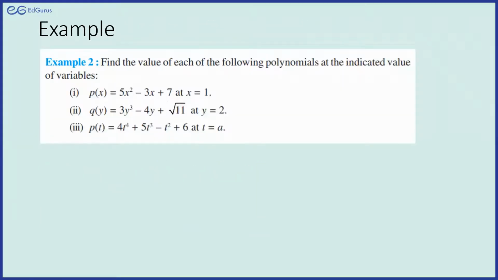Now let's find the value of the following polynomials at the indicated value of variables. Number 1, p of x equal to 5x square minus 3x plus 7 at x equal to 1. So for x equal to 1, what is the value of p of x? Calculate P of 1 and type it. That means x is 1, so we are going to substitute the x value as 1.